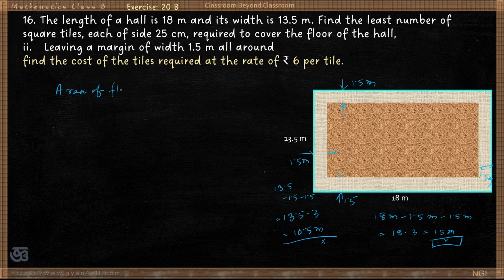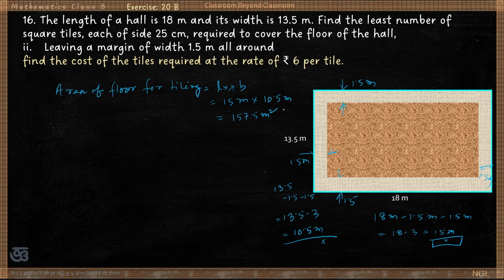Area of floor for tiling is equal to L into B, length into breadth, and that is equal to 15 meters length and 10.5 meters width, and that is equal to 157.5 meters square.